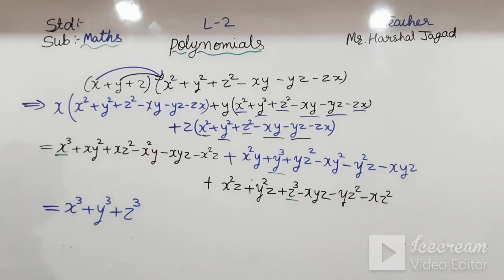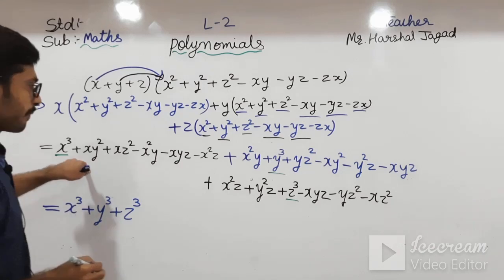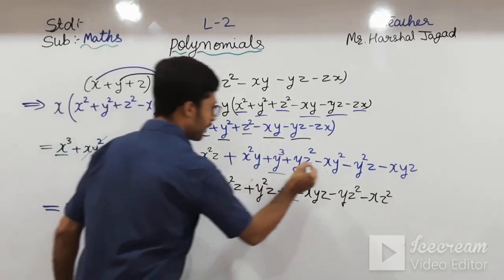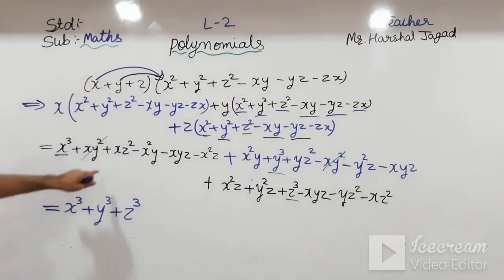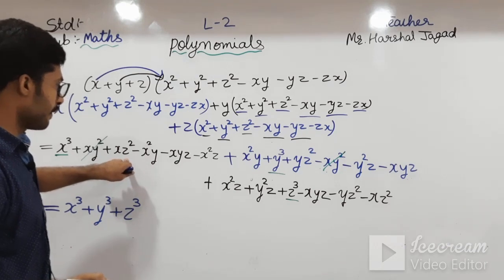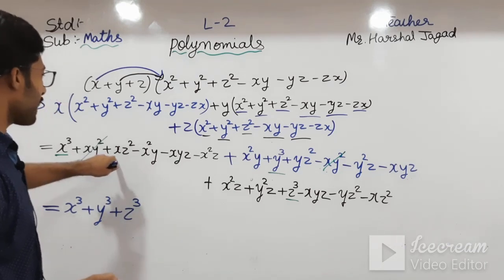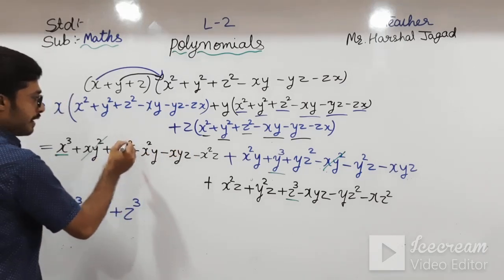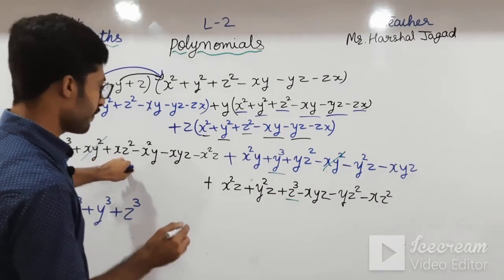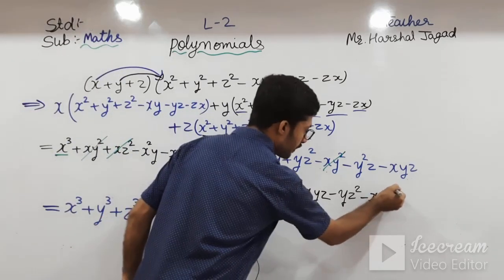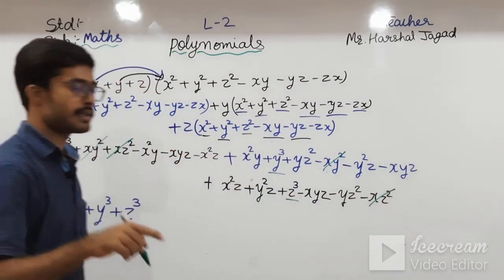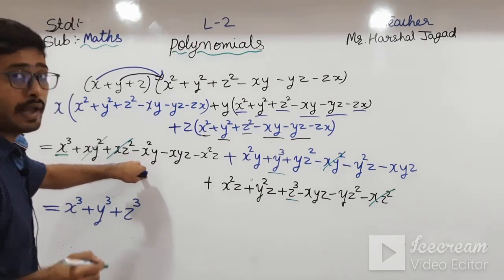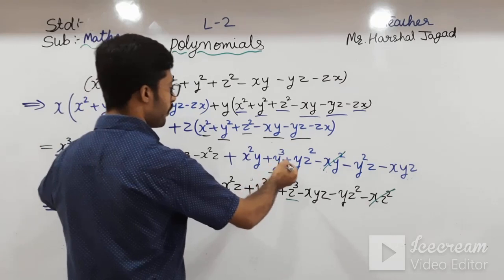Okay, now what will happen? xy square, plus x, minus x square y, plus xz square, it will be cut. Can we find that? Yes, here is x square z and here is the other, plus minus, so it is cut off. Next, x square y, so we will find over this.